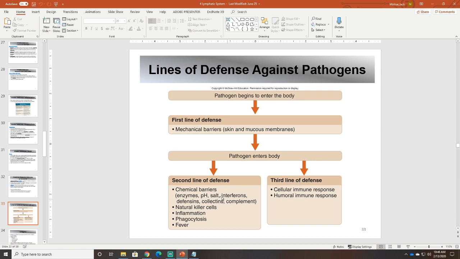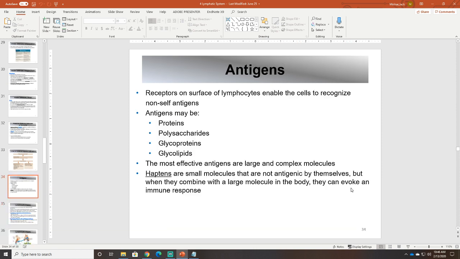The second line of defense, you've got everything we were just talking about: the chemical barriers, the natural killer cells, inflammation, phagocytosis, and fever. And then lastly, you got to run into the third line of defense, the cellular and humoral immune responses. We'll talk about those in a second.